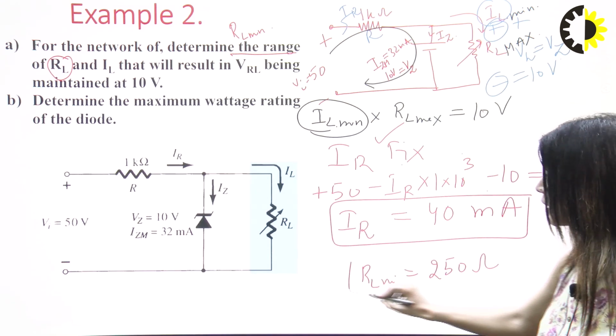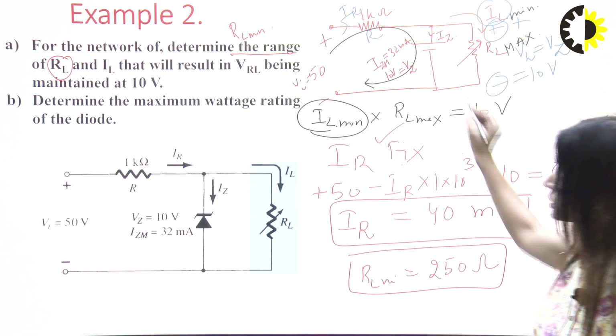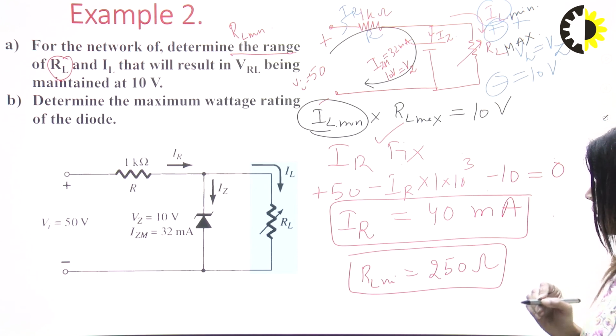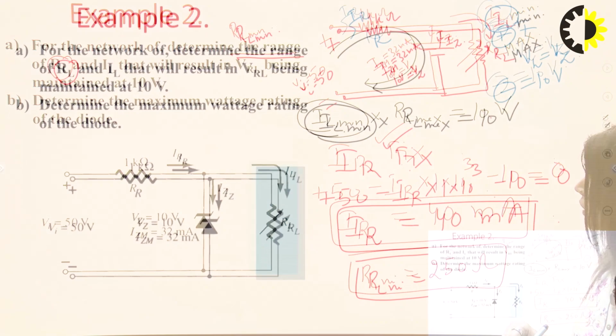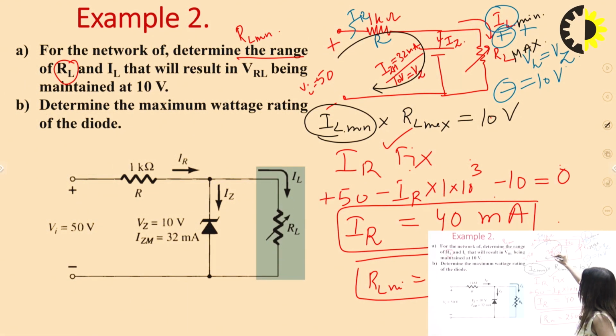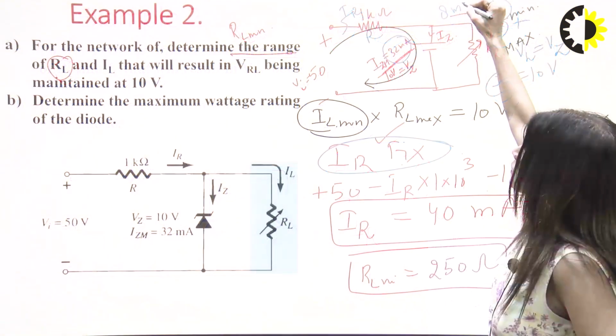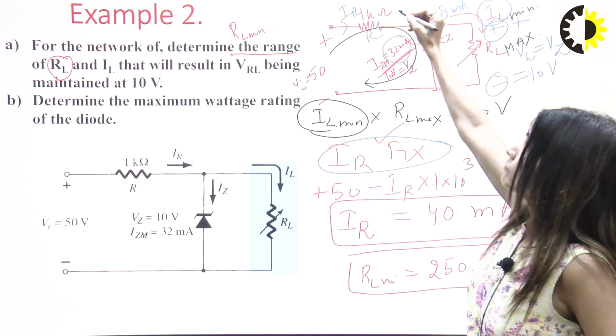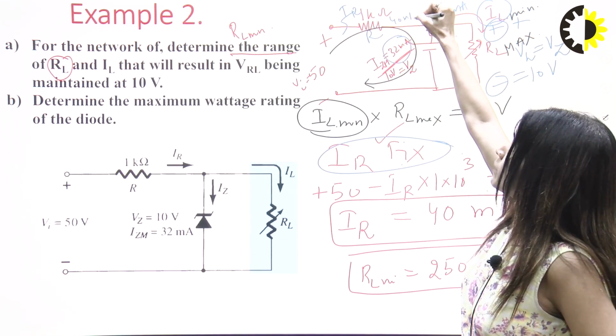Two values I have found out by using circuit analysis. We are already given IZ maximum to be 32 milliampere. Out of 40, this IR is fixed, and this is maximum 32 milliampere, so we have only 8 milliampere left, because 32 is going there and here we have 40 milliampere.